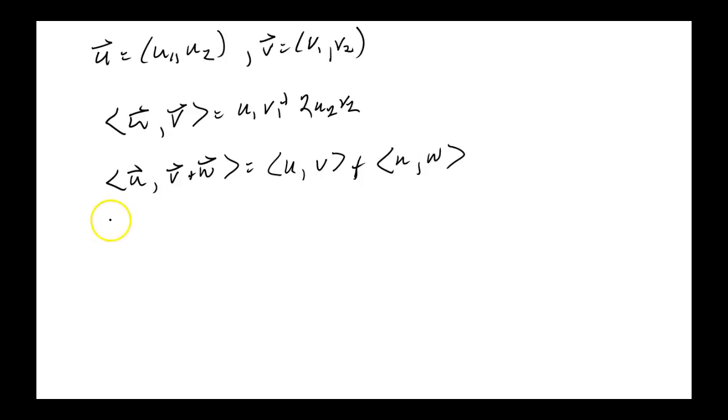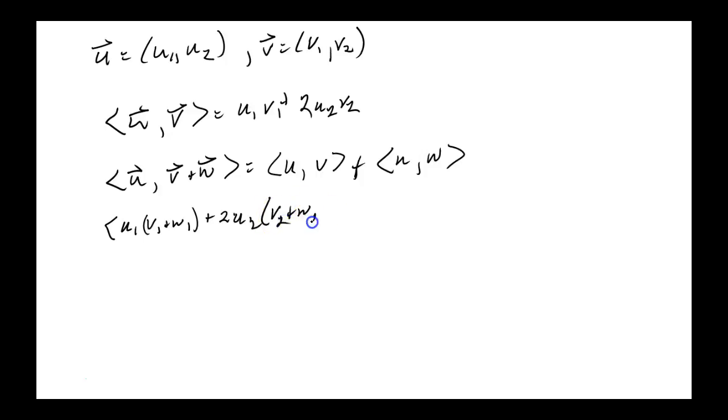Well, what would this one be? This would be U1 times V1 plus W1 plus U2 times V1 plus W1.